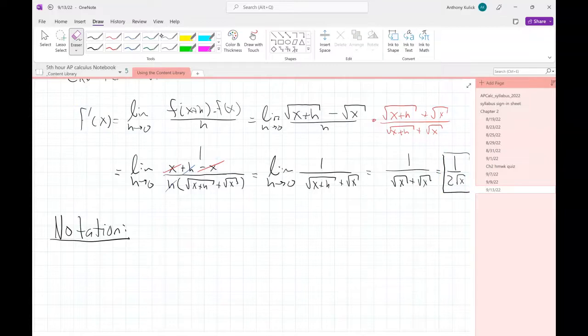Rather than going through that limit thing over and over again, I can do it once in general, and then calculate as many derivatives at a point as I'd like just by plugging into a function, which is super preferable. That's created a formula for what it is.